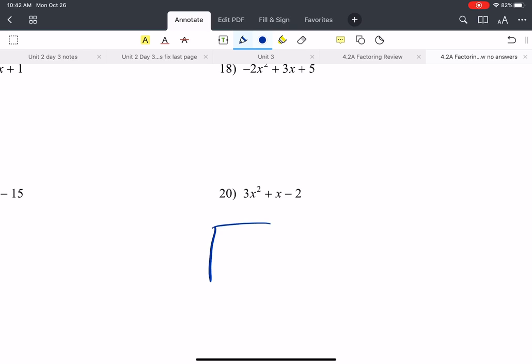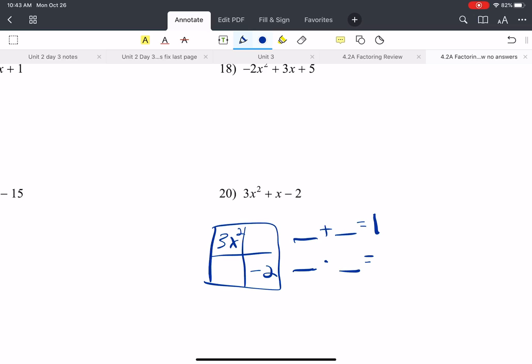So I'm going to start by putting my 3x squared and my negative 2 in. Okay, I add to the same thing. So what am I adding to? Good, 1. And because I couldn't get rid of the number in front of the x squared, I multiply to first times last.